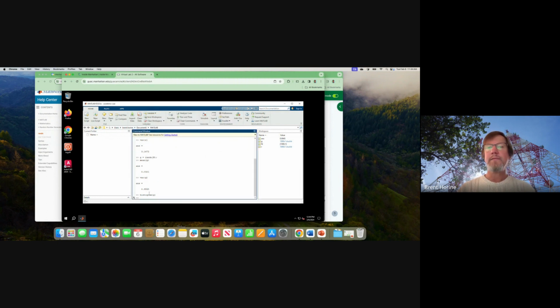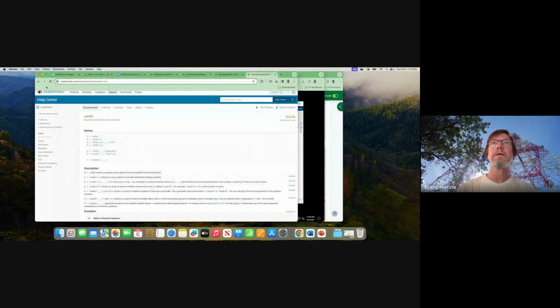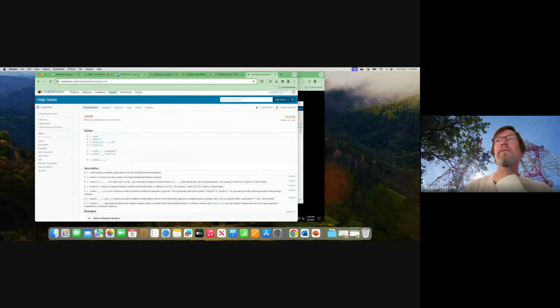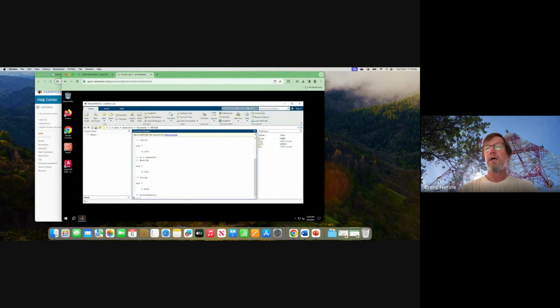So then I also ask you to, where did it go? There it is. So I also ask you to do it with a mean of 10 and a variance of 5. And so the way to do that, mean of 10 and variance of 5, we can just scale the results.